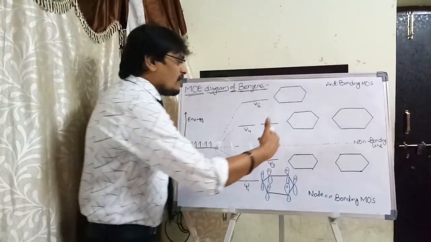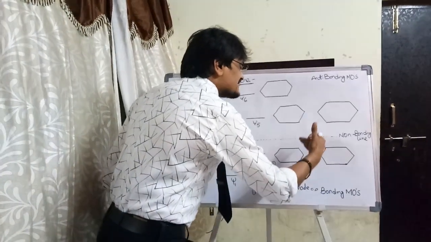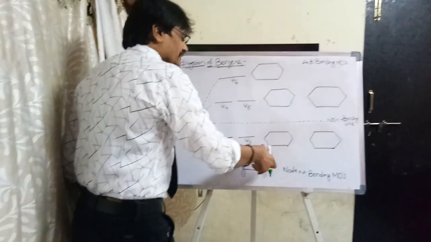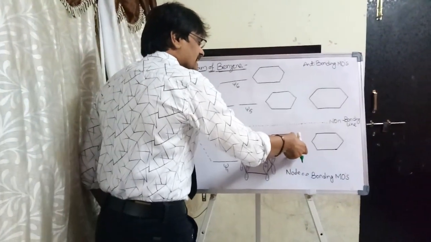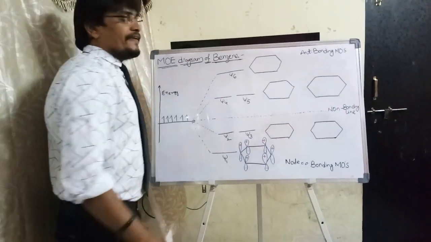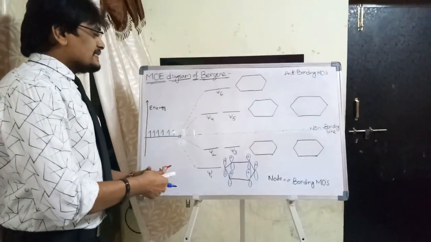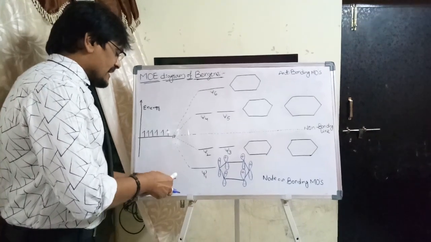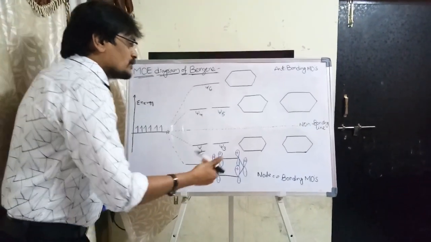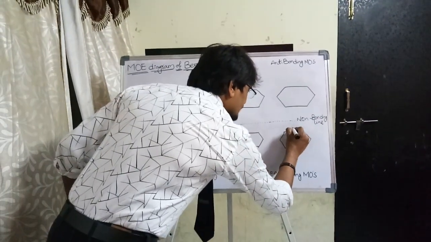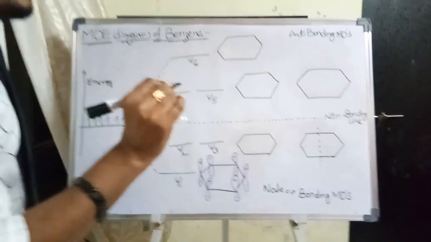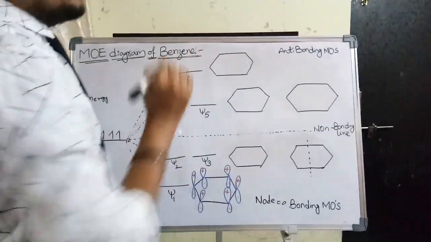With respect to the first energy level, which is the lowest, the molecular orbitals next are psi2 and psi3. Now let us say this is one possible node. I am not saying that it is the only node.